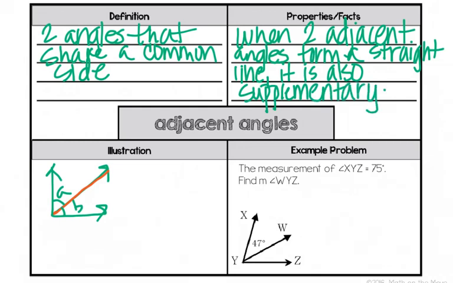Now, I want you to think back to supplementary angles. What did that mean? Meaning both angles together equal 180 degrees.